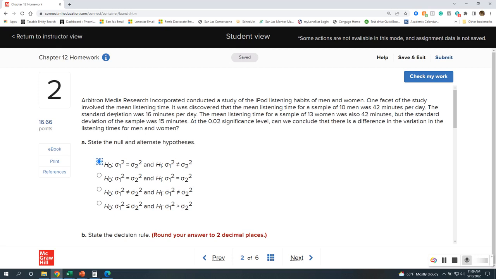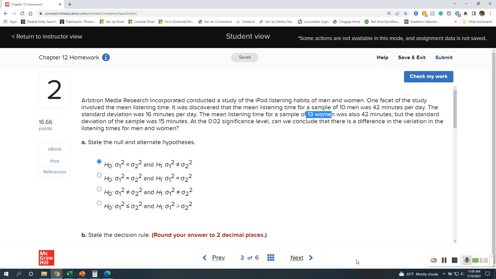So, standard deviation, 16 minutes squared will be larger than 15 minutes. So that means our men sample will be on the numerator. Okay, and that means our women will be the denominator.